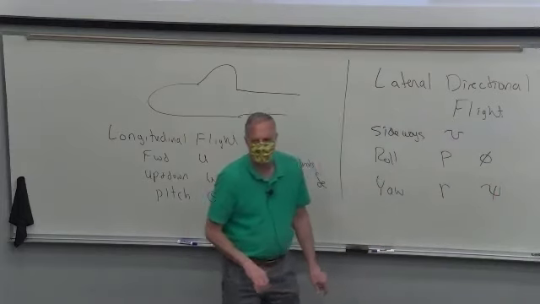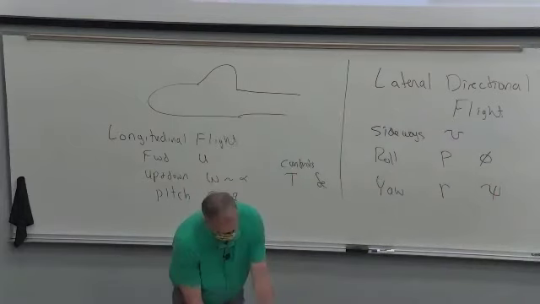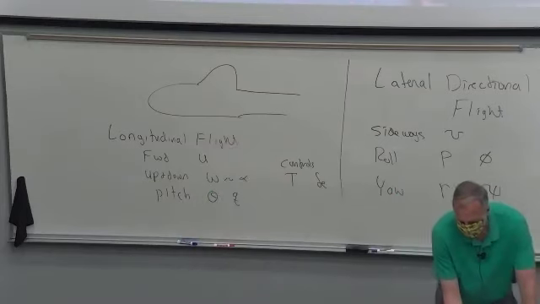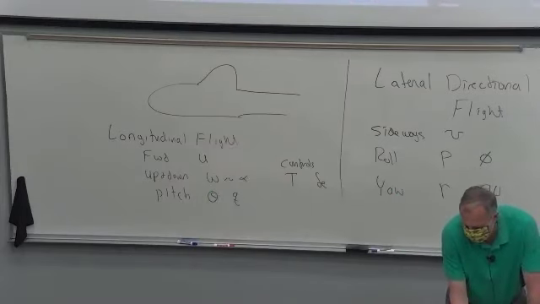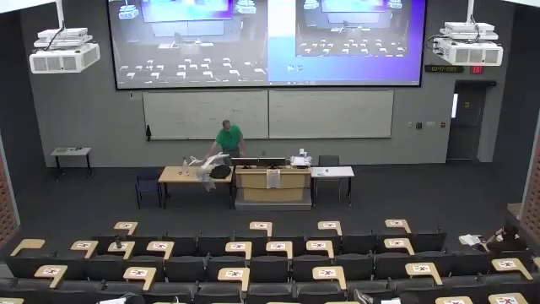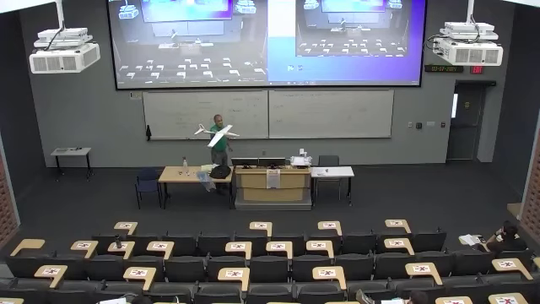Guess it's kind of like a trident. And so this motion is the airplane sliding sideways, so that would be going like toward that direction. And then roll is like this. And then yaw is like this.